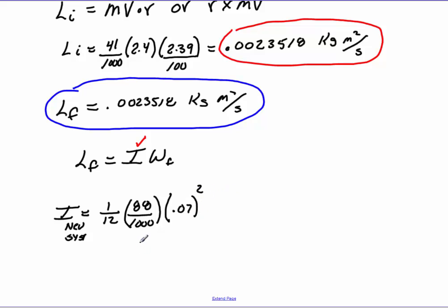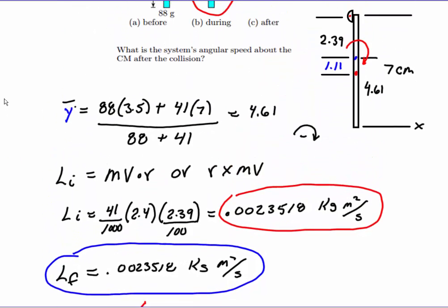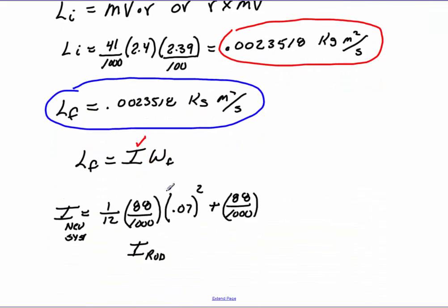Let me ask you a question. Am I done? Is that the moment of inertia of the rod? It's not, right? That's only the moment of inertia of the rod about its own centroid. So now I have to add 88 over 1,000 times 1.11 over 100, squared.